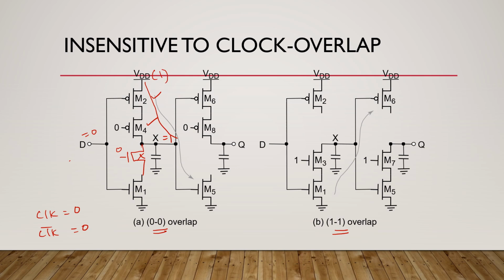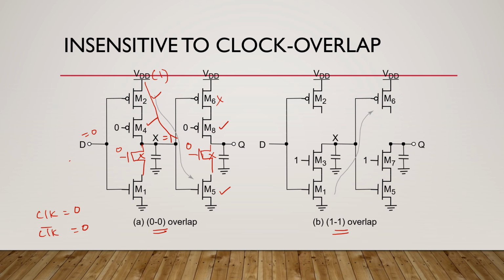This 1 will make this M5 on, right? Here we also have one NMOS transistor, which you have also given 0 because of the 0 0 overlap, clock and clock bar are all 0. See the previous circuit. So this is off because of 0 at the gate. That's why it is disconnected from the circuit. But this M8 transistor will go on, yet this one will not make M6 on, it is also in an off condition.